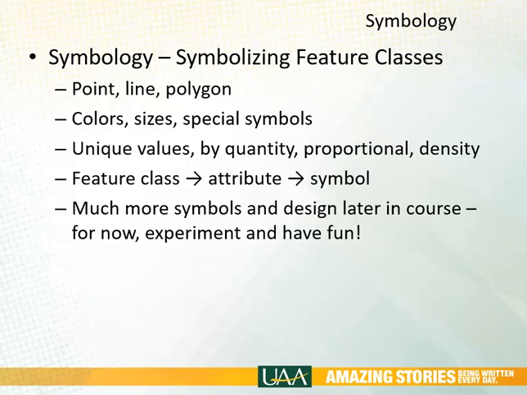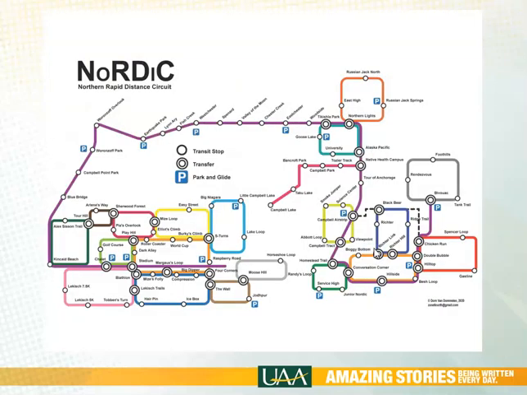In fact, that's a theme that will be carried throughout a large portion of the course. Right now, I just want you to experiment and have a little bit of fun with the symbolizing. I showed you a map a couple of slides ago that I worked on a couple years ago that had to do with ski maps and points along ski trails. And this is the map that I created using those data.